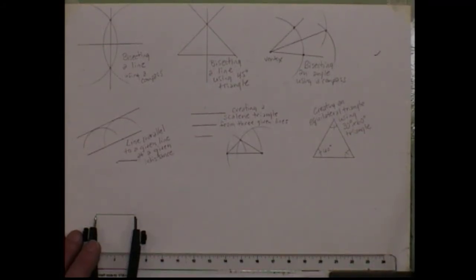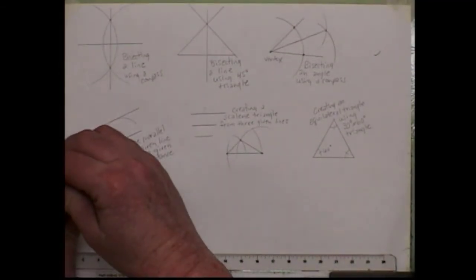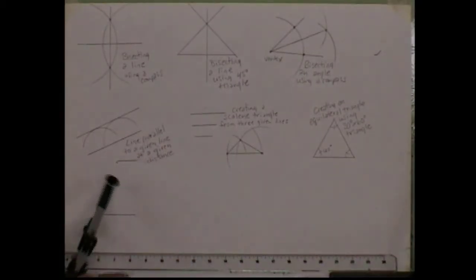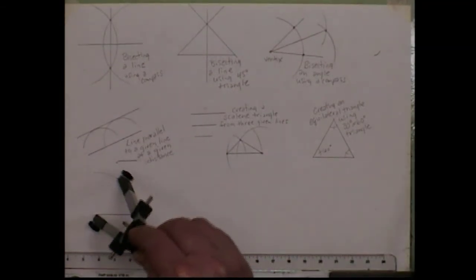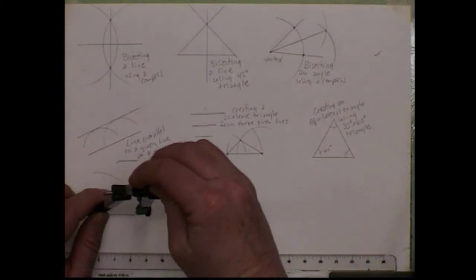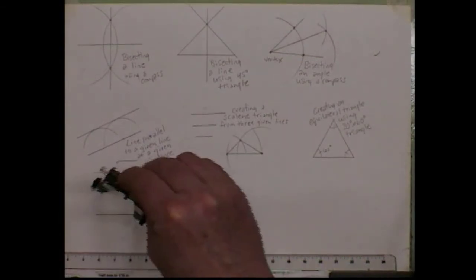It's actually the same process as if we're bisecting that line. We will put our needle point on one side, strike our arc, put the needle point on the other side, on the other end point, and strike the arc there.